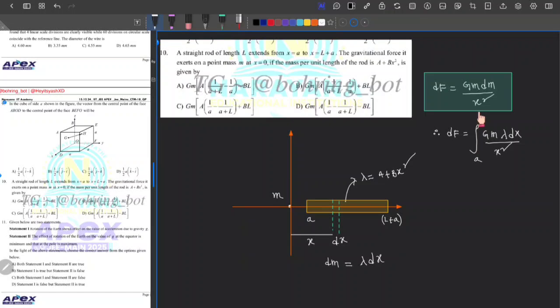Take out G and m; the integral of lambda, which can be written as a plus b x square, by x square into dx. The limits are from a to a plus l, so do it and you will get the answer.